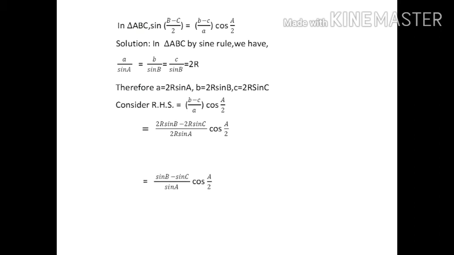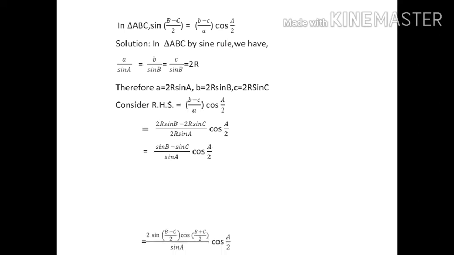Here we use the formula for sin C minus sin D, that is 2 sin((B minus C)/2) cos((B plus C)/2), over sin A, into cos(A/2).